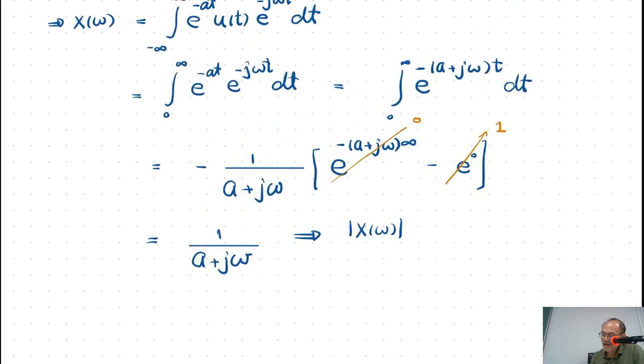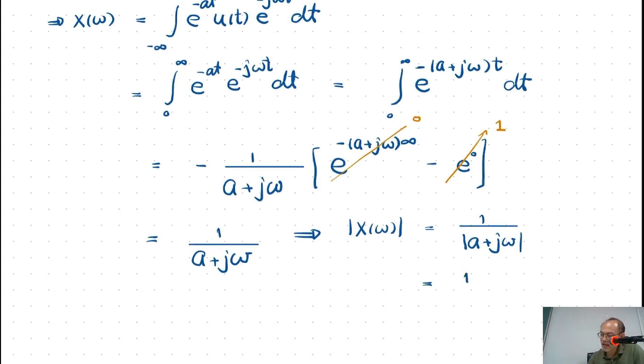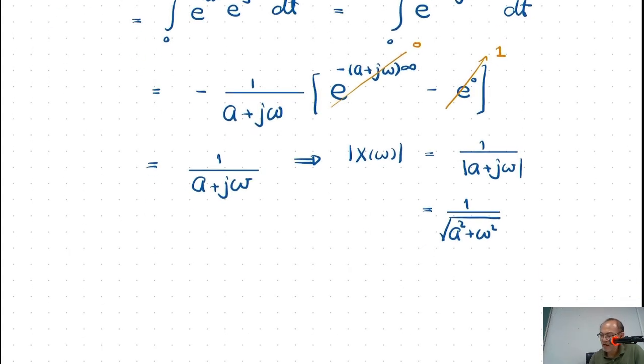So let's find the magnitude of this. The magnitude of this is just 1 over the magnitude of a plus j omega. This is from complex numbers. And the magnitude of a plus j omega is just the Pythagoras of a and omega, right? So it would be the square root of a squared plus omega squared. So this is the magnitude of it. Now what about the phase?